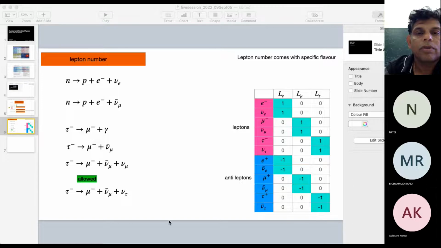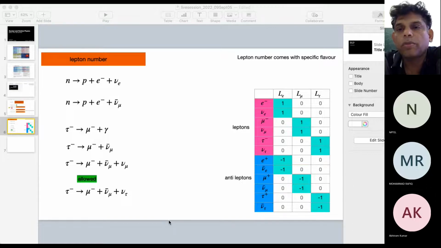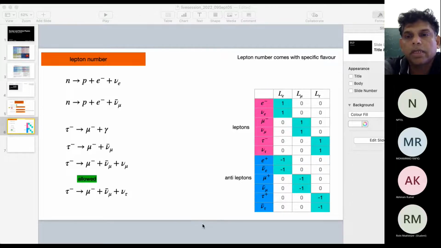So there are only a very few particles: three electron-type charged particles, and three neutral particles called neutrinos. So it is easy to remember here. For electron, you have a particular type of quantum number called lepton number corresponding to electron. We can call it Le, and that's 0 for protons, neutrons, and all those particles.